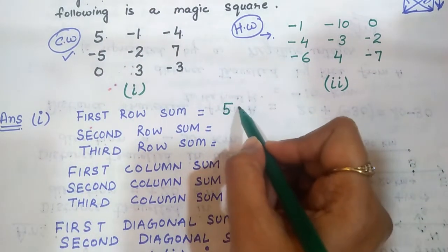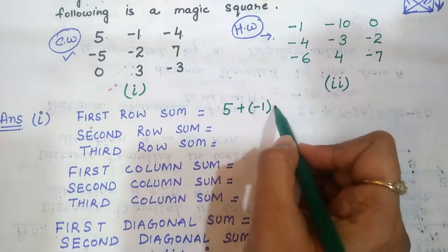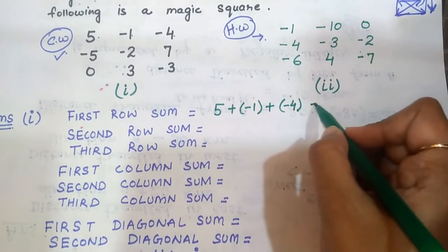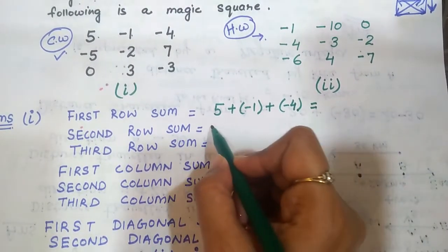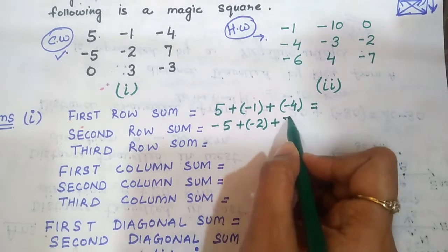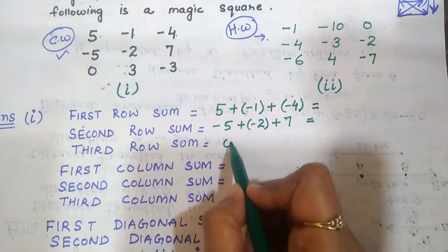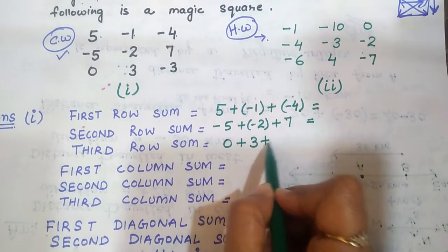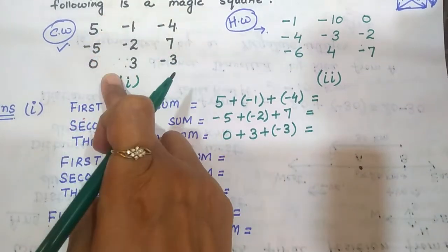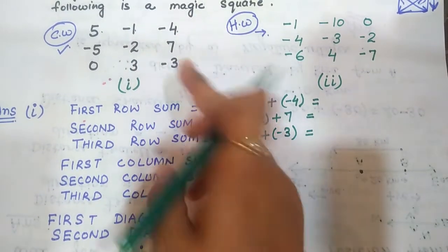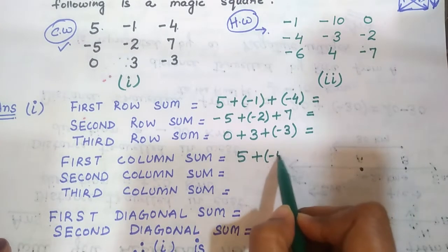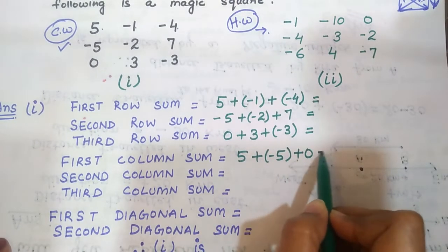So 5 plus (-1) plus (-4). Second row is (-5) plus (-2) plus 7. Third row 0 plus 3 plus (-3). Now first column is this, second column is this and third column is this. So first column sum 5 plus (-5) plus 0.